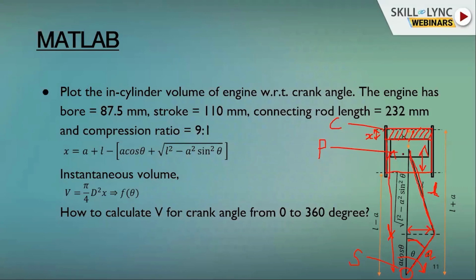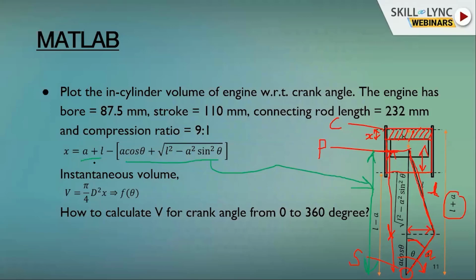My full distance is L plus A, which is the maximum distance it can travel. So x will be L plus A minus this whole distance from here to here. L plus A is our total length, the maximum length it can cover.